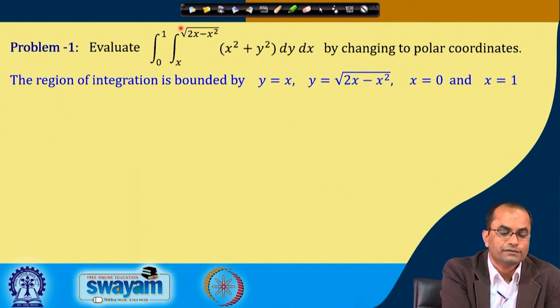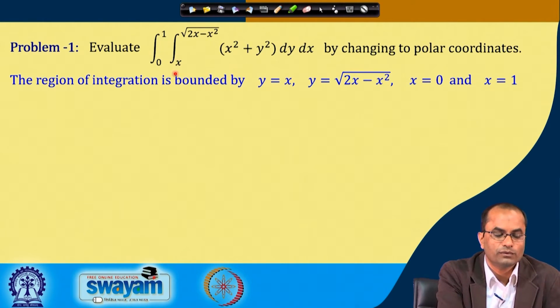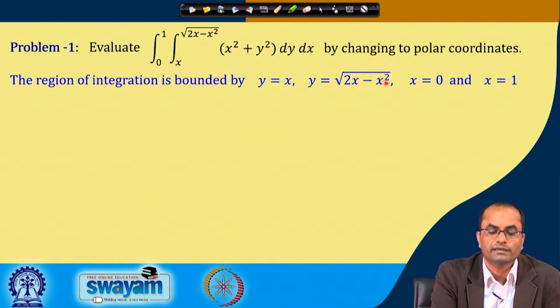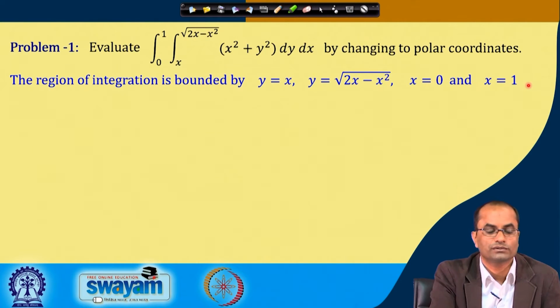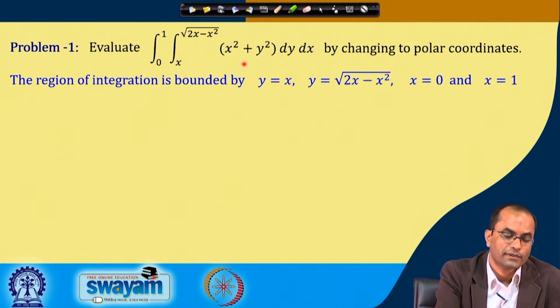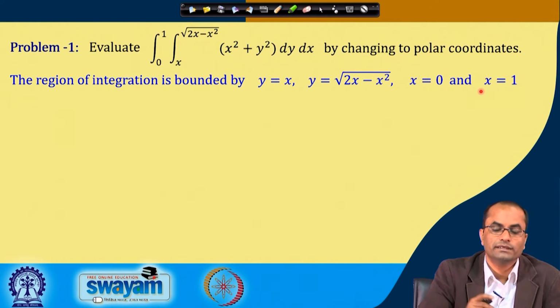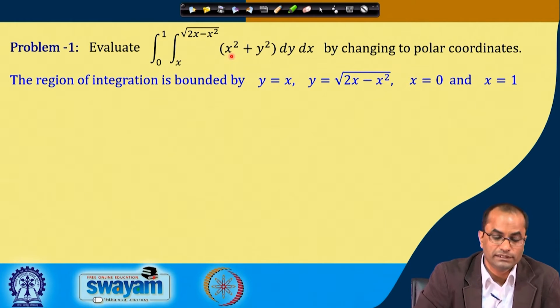So, the region of this integration is given by y is equal to x line, and y is equal to square root 2x minus x square, the upper boundary here, and then for x is equal to 0 and x is equal to 1. The enclosed region by these curves will give us the region of integration for this integral.